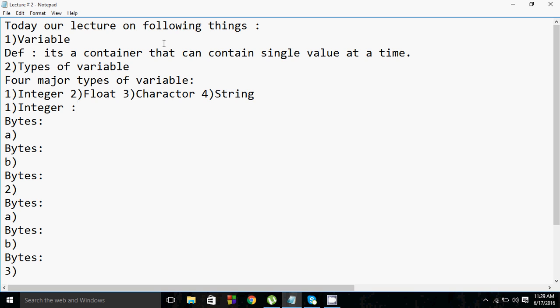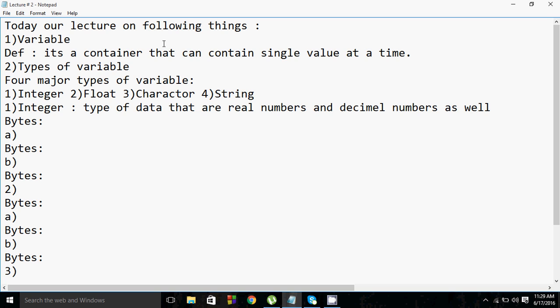Now the question is, what is an integer? You can say that it's a type of data that holds real numbers and decimal numbers as well.